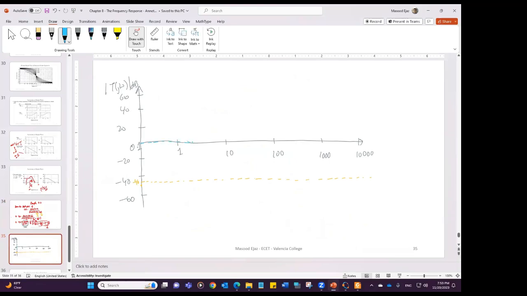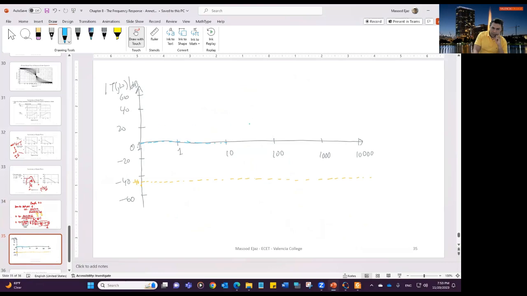It increases 20 decibel per decade. So at 100, it's going to be 20. So it's going to increase by 20 decibel per decade. Okay, so that's my zero.